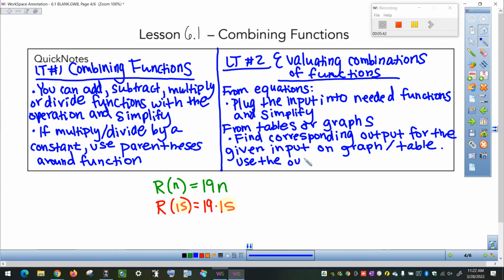Then we're going to use the outputs to complete the operation.